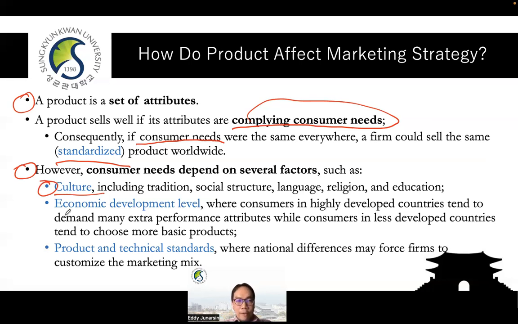So we have cultural differences, and also economic development level. Is it a developed country, developing or less developed, and so on. So it will affect how we market the product, and also how we offer the product attributes, and also the product and technical standards.